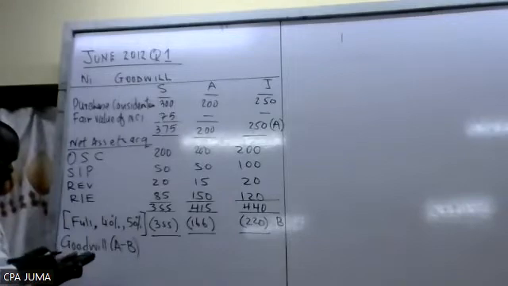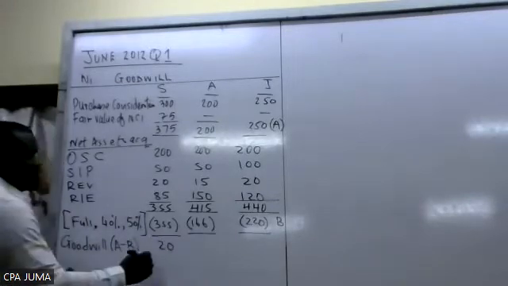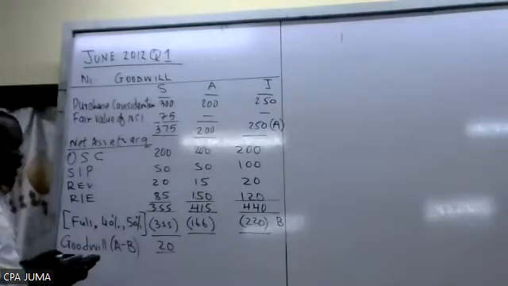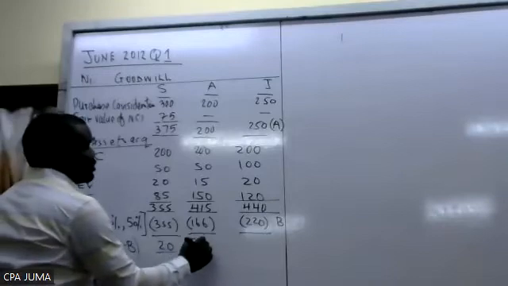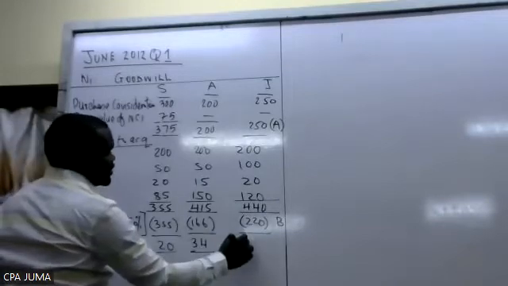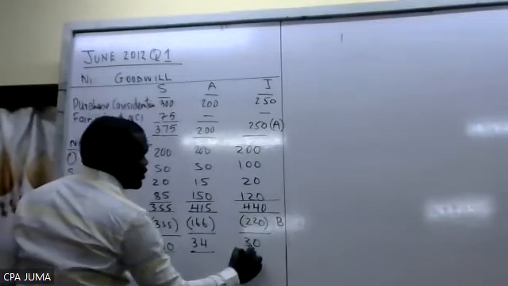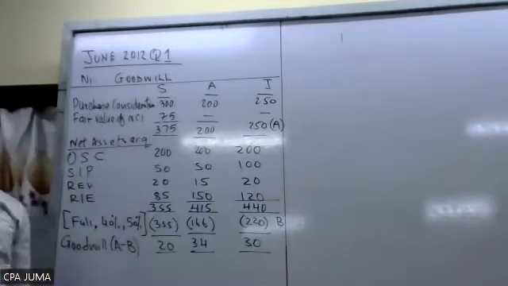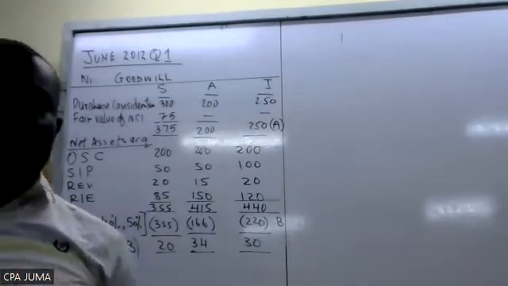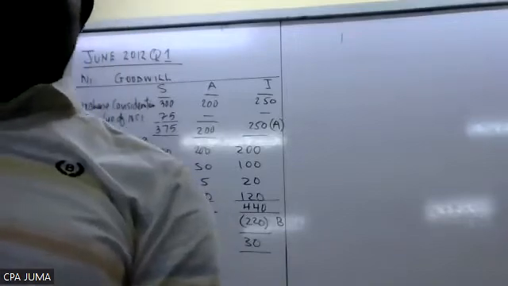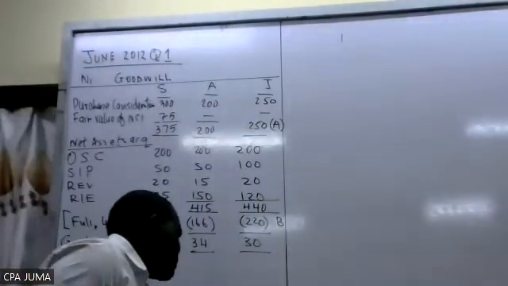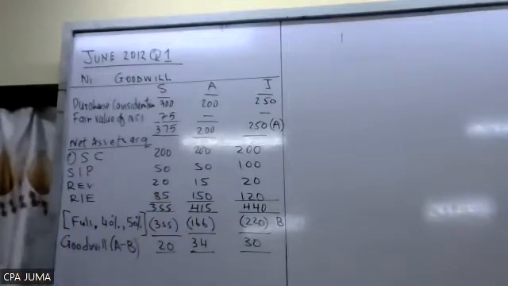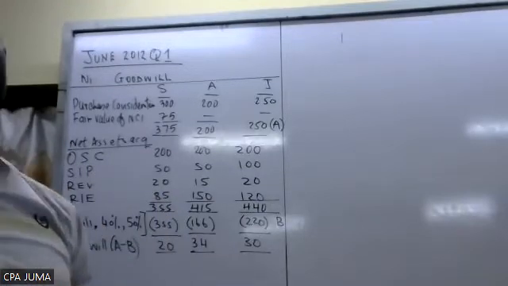So 375 minus 355, that is 20. 200 minus 166 is 34. 250 minus 220 is 30. Leave it hanging, just in case we get impairment along the way, we will adjust. So we have computed goodwill using that note 1.